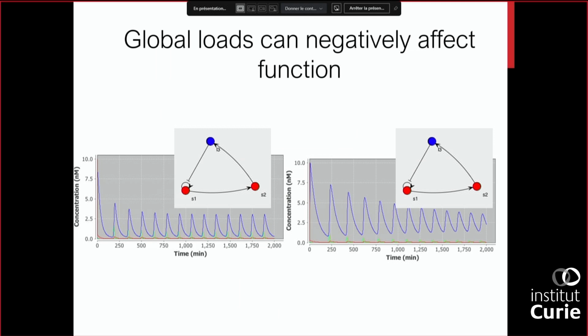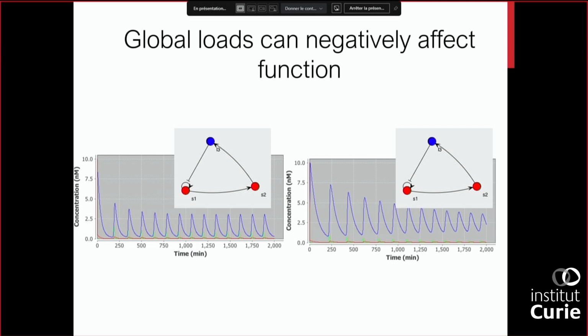So these loads, these global loads, they can negatively affect function. This is exemplified here by computational solutions for, again, the same network where we switch on and off the global coupling.